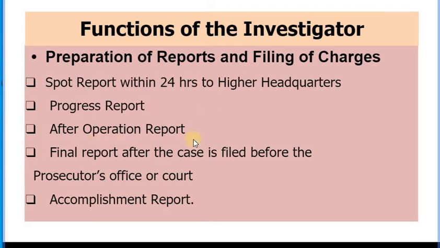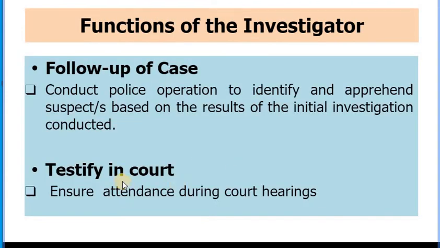Then, after operation report, which is the day by day report, for example when you conducted a follow-up investigation, what happened in that other investigation. Next, the final report of the case filed before the prosecutor's office or court. This is the very last investigation report that you have. And the last one is the accomplishment report, on how you finished the case.